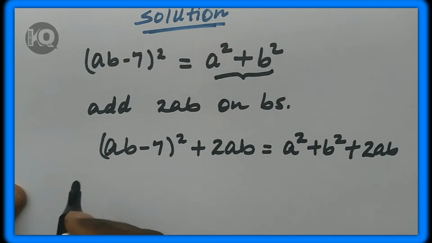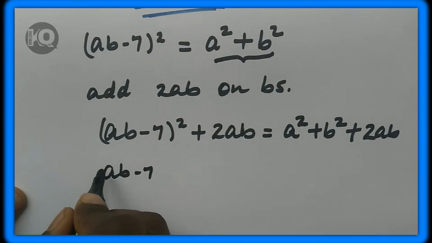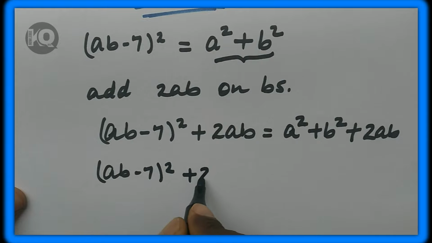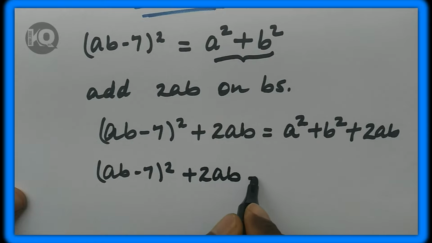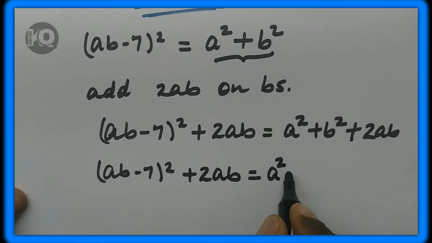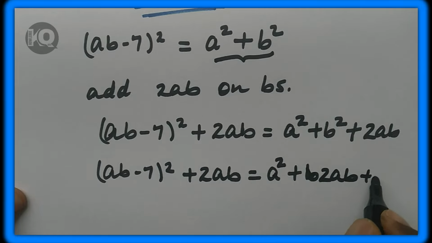So let's write it again: (ab − 7)² + 2ab, which is equal to a² + 2ab + b².